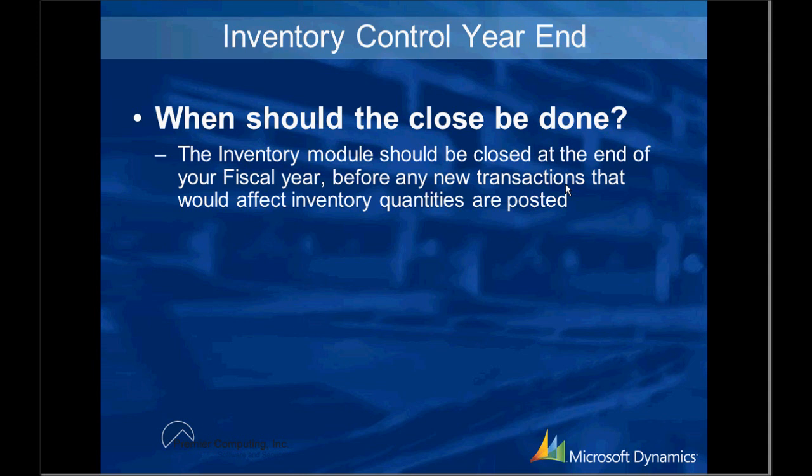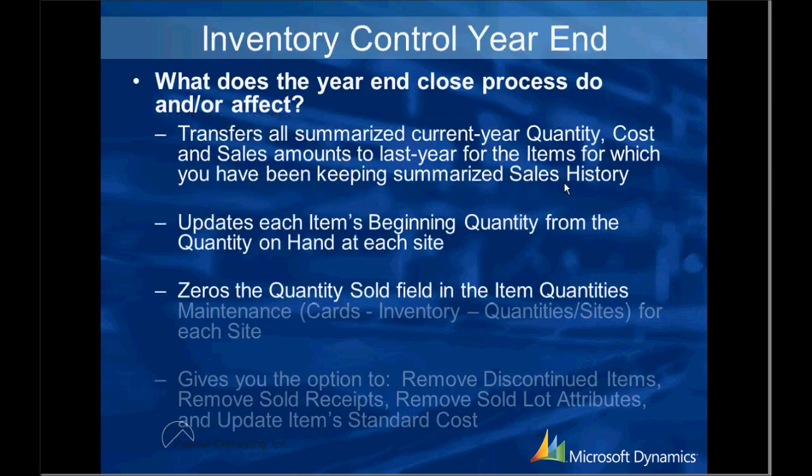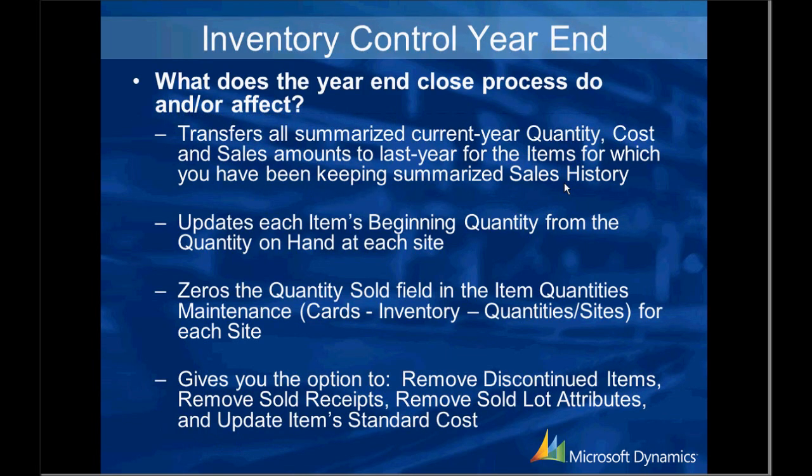Of course, this is a fiscal year close, and since inventory is not subject to dates, it is as of the date that you're closing, and so you should close your fiscal year as close to the end of the year as you can. The year-end closing transfers all information on quantity, cost, and sales amounts to the last year's record for the sales history summary.